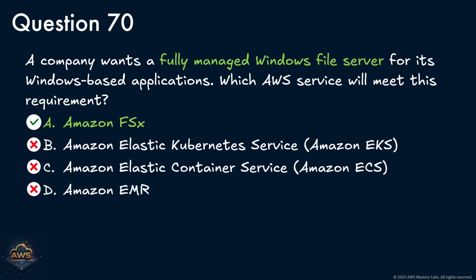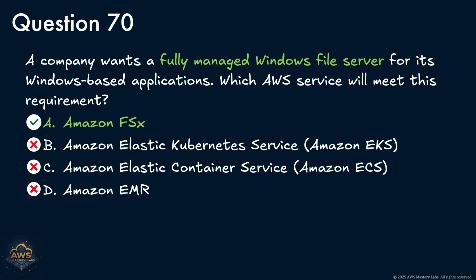Option A. Amazon FSx. Amazon FSx is a family of services that provides fully managed file storage built on popular file systems. In particular, Amazon FSx for Windows File Server offers a fully managed native Microsoft Windows file system, accessible over the SMB protocol. It integrates with Microsoft Active Directory, supports DFS namespaces, user quotas, and other enterprise Windows features.